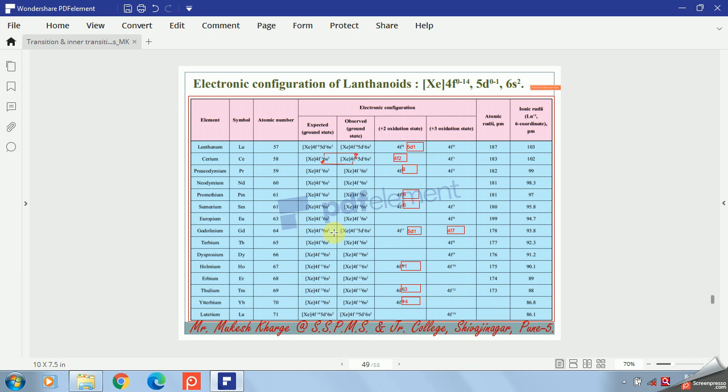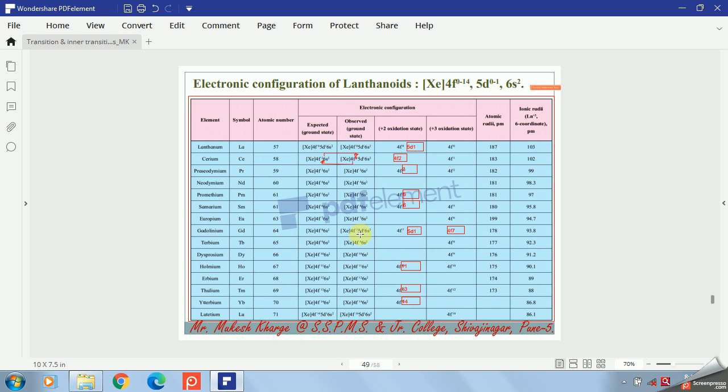So 4f8 means incompletely filled, so one electron from 4f is promoted to the 5d orbital. Then the stable electronic configuration is xenon 4f7 5d1 6s2. Now there are 7 electrons, meaning 4f is half filled, which is more stable than 4f8 incompletely filled.